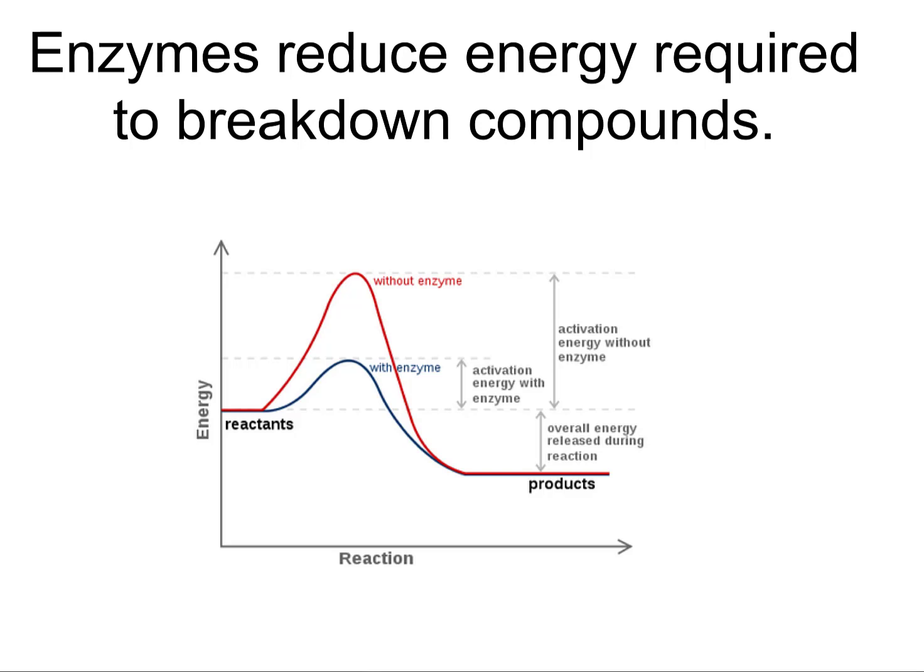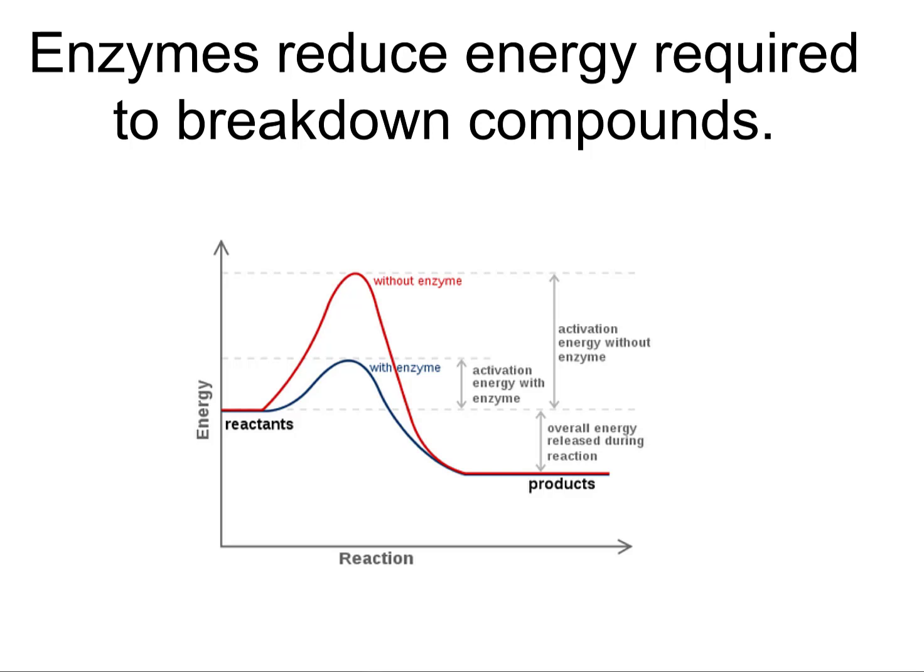Enzymes reduce the energy required to break down the compound. Without an enzyme, the amount of energy required increases. You can see this in this graph with the red line, and that's the activation energy, the amount of energy it takes to break the galactose and glucose. With an enzyme, it puts enough physical stress, at the molecular level, on that bond that it's easier to break it.